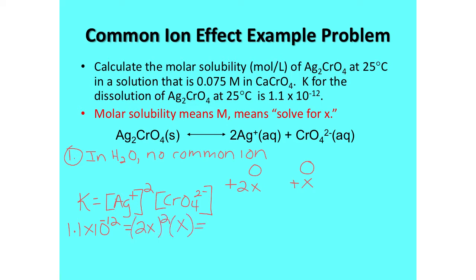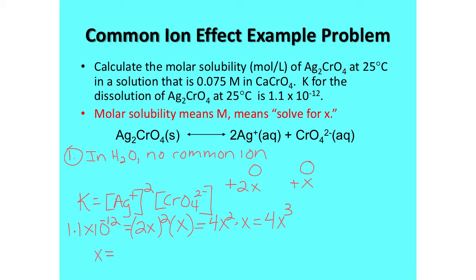So if we did our algebra on that, that would be 4x squared times x, so 4x cubed. So then in order to figure out the value of x, we would do 1.1 times 10 to the negative 12th divided by 4. That would give us x cubed. So then we would need to take the cube root of that, or to the 1/3 power, in order to find x.